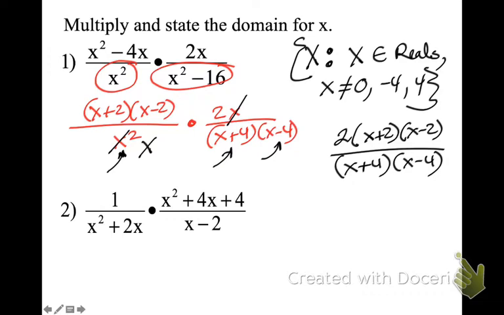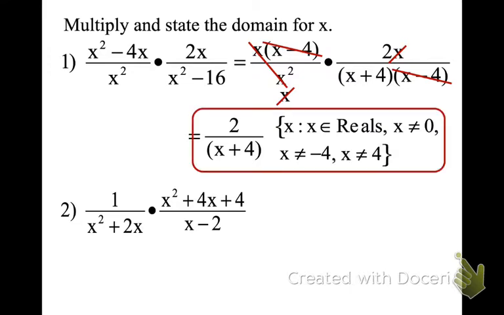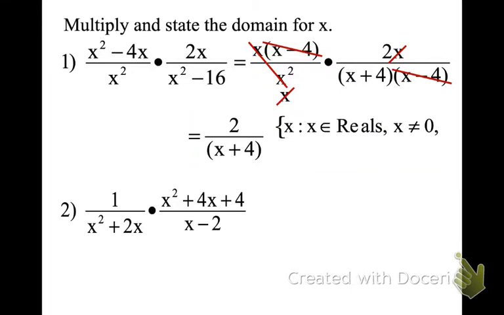Okay? Here's the domain, and here's the simplified fraction. Is everybody clear on how to find the domain now? Okay? That's going to be a question that's going to keep coming up. Whoa, what happened here? What did I do wrong?